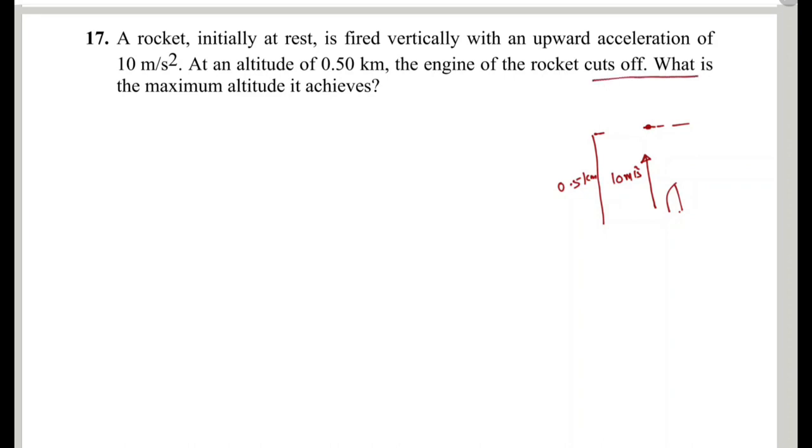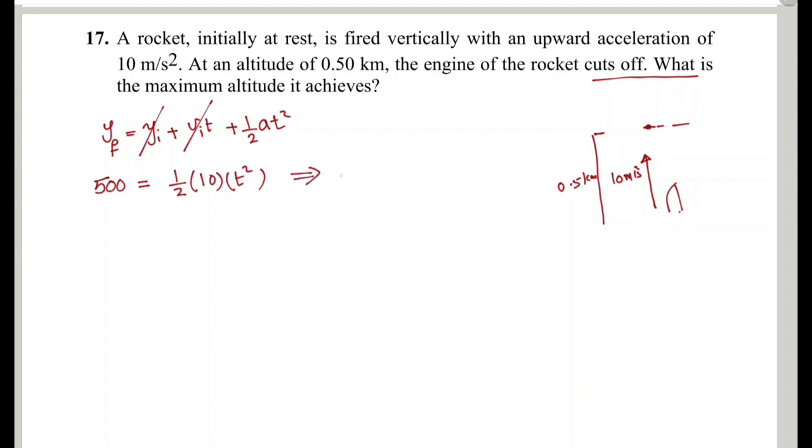Now to find this, y final equals y initial plus v initial t plus half a t square. Now this is a, it's not g, because it's the first part. Starting from origin and from rest, y final here is equal to 0.5 kilometers, so 500 meters equals half times the acceleration for the first part, which is 10, and the time in this case is unknown, t squared.